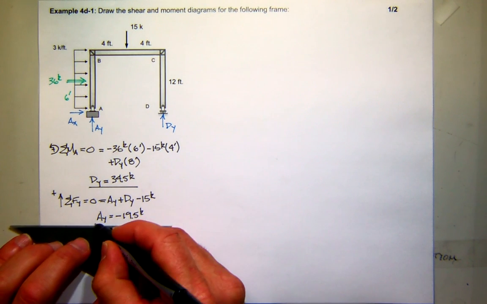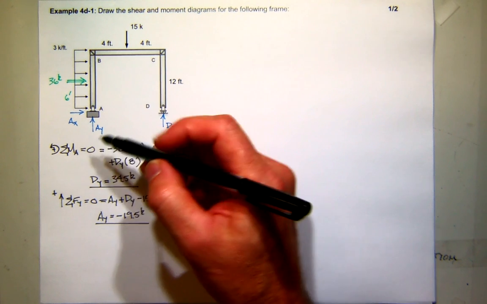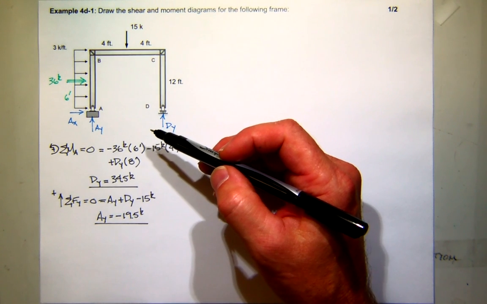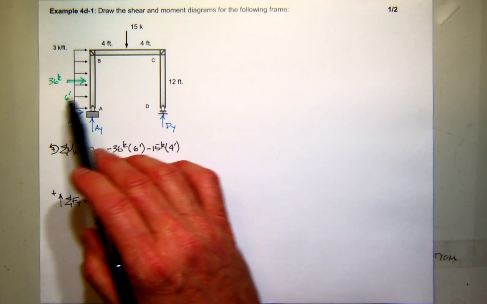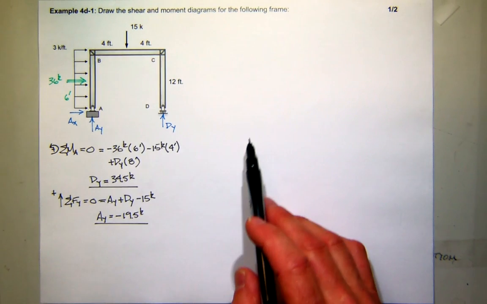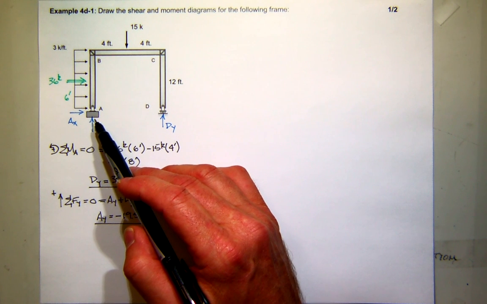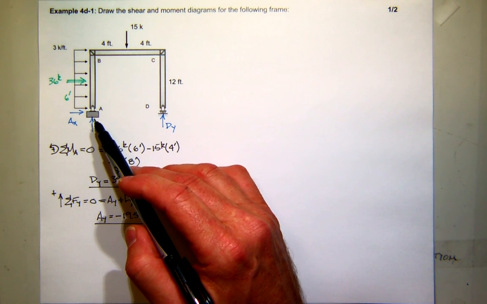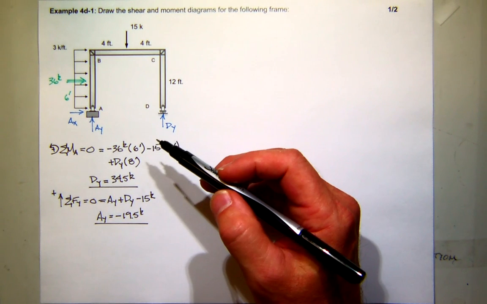Does it make sense that AY is down? Well, the current situation with all the hurricanes battering the East Coast, when you have a big horizontal force like this, like a big wind force, it's going to try to pick the whole building up and rotate it clockwise. So this anchorage here at A becomes super important. And if you haven't designed your building to be able to handle uplift like that, in excess of maybe the gravity load, you can have big issues.